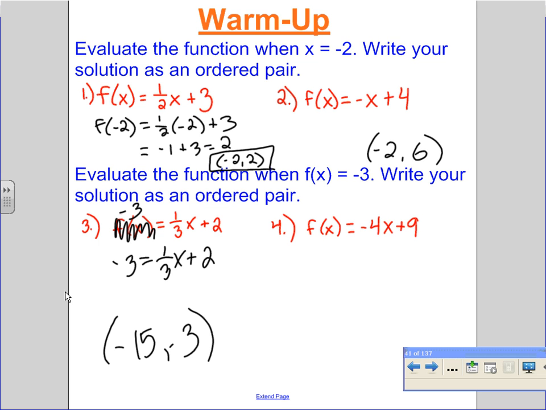Make sure your ordered pair is always x, comma, y. Try that again. You're given, and this needs to stay x. Because you're given what y is, you know what I mean? So look for x. That's not right either. This -3 is y. So the whole f of x goes away. Do you see how I scratched it off there? Scratch it off. Plug in for that f of x.